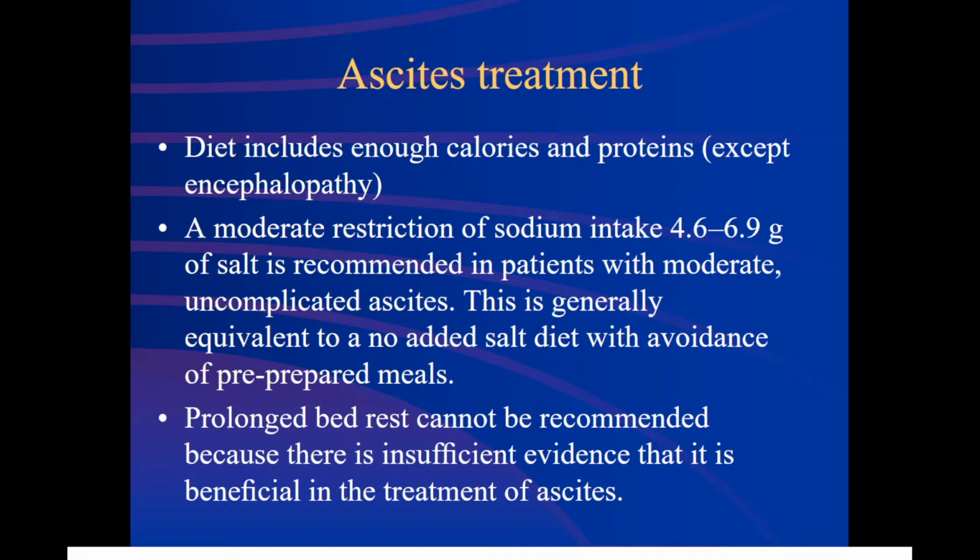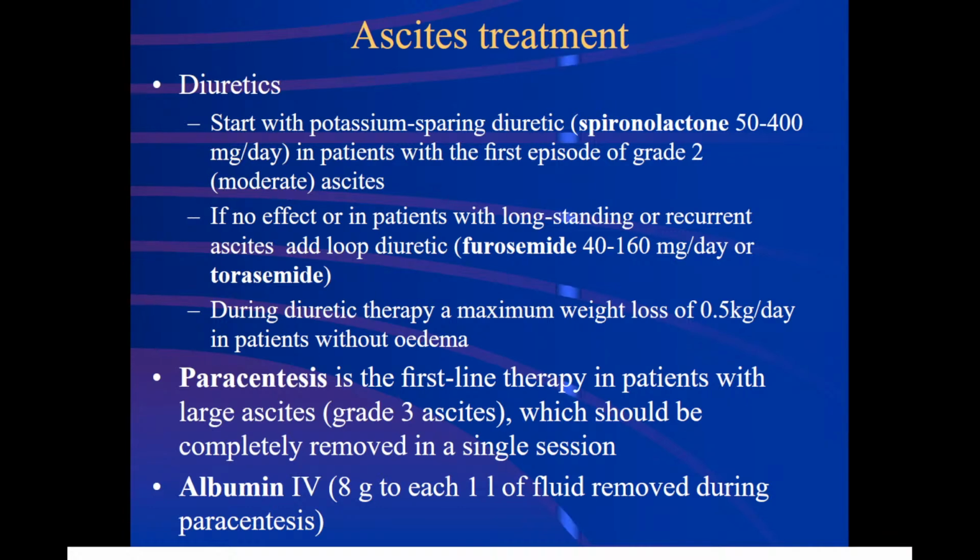Prolonged bed rest cannot be recommended because there is insufficient evidence that it is beneficial in the treatment of ascites. It is better if patients do mild movement, mild exercise. Ascites is fluid accumulation. You have to use diuretics. Start with potassium-sparing spironolactone.